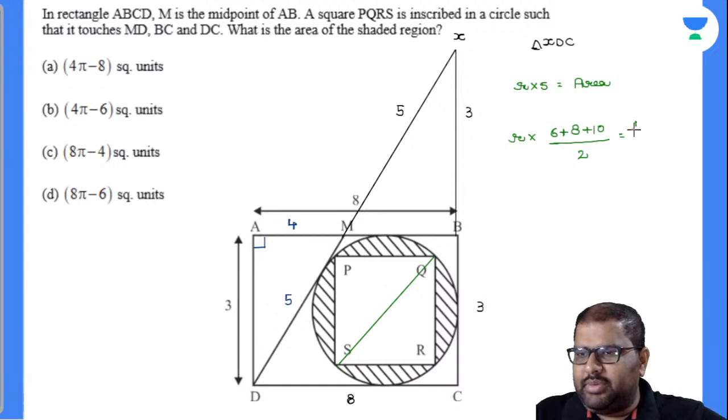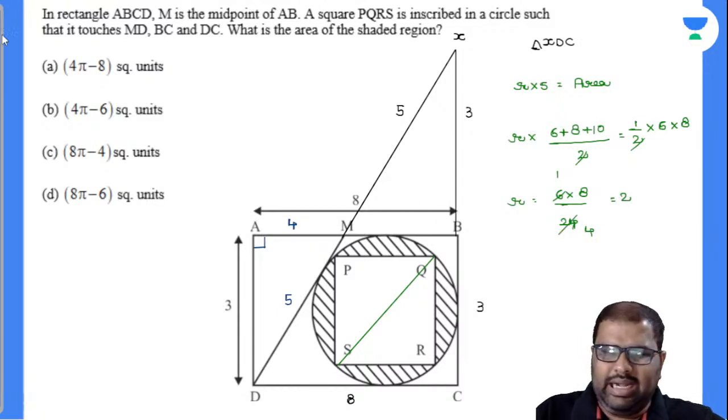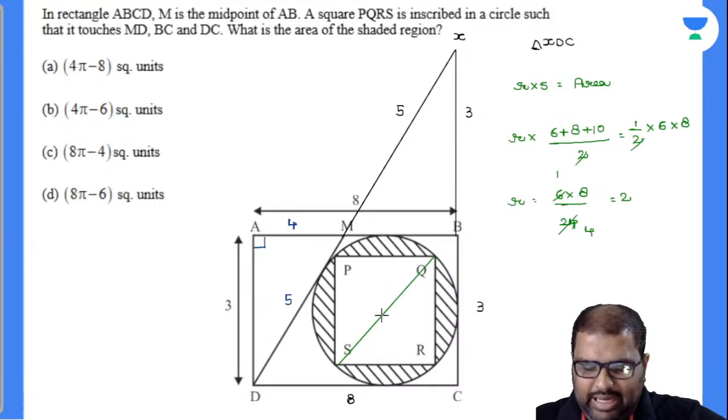Area of the triangle is half into base into height, half into 6 into 8. Right or wrong? So this 2 gets cancelled. R is equal to 6 into 8 by 16, 24. Am I right or wrong? Yes, 24, so R is 2.